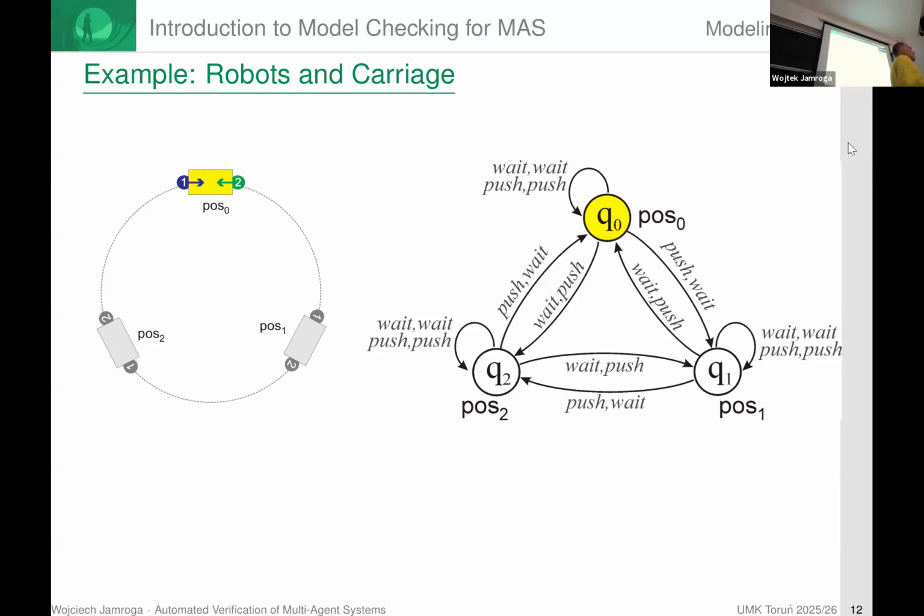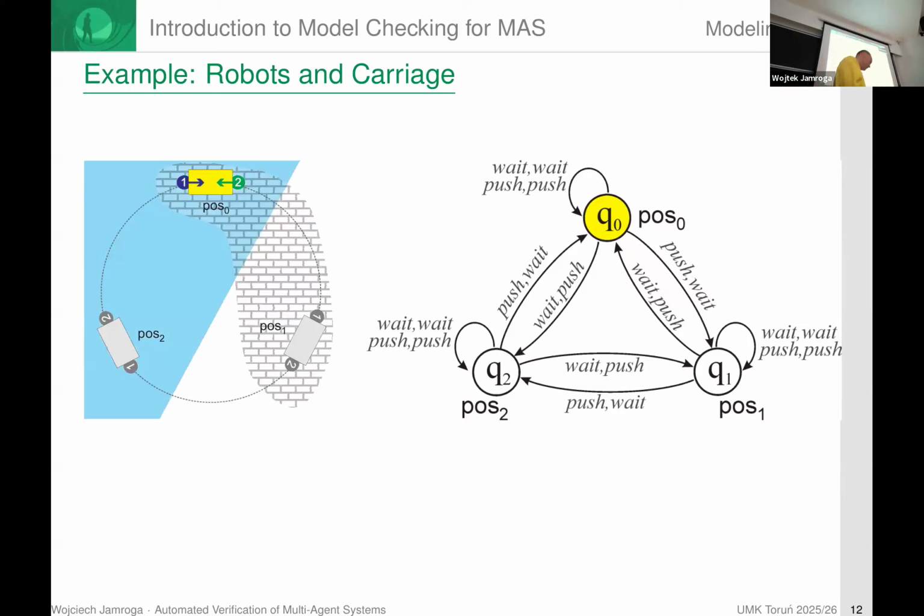So if we want to somehow represent it in the model, we will label the edges by tuples of actions, 1 per each agent, with the idea that, okay, if the system is in Q0 and they both decide to wait, then the system stays in the same state. So the transition occurs in a loop. If they both push the same, if the first one pushes, the second one waits, the system moves from Q0 to Q1 and so on. Okay?